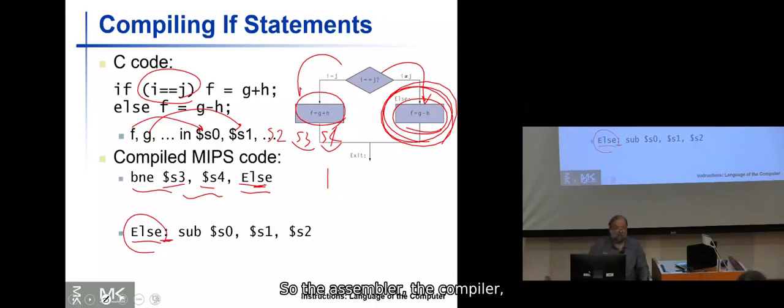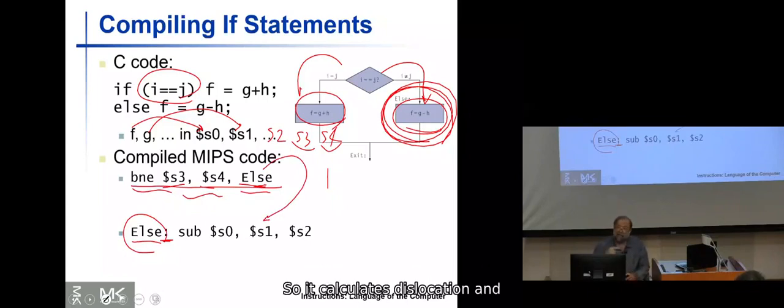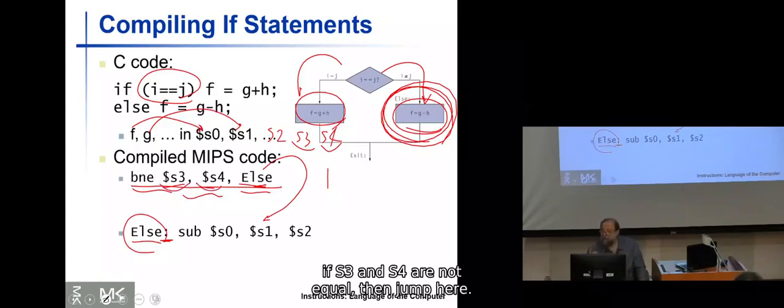So when the assembler looks at your code and sees this instruction, it finds out that you want to go to this location when it is not equal. So it calculates this location and puts the immediate that goes here. We will see it right now. Okay. So if S3 and S4 are not equal, then jump here.